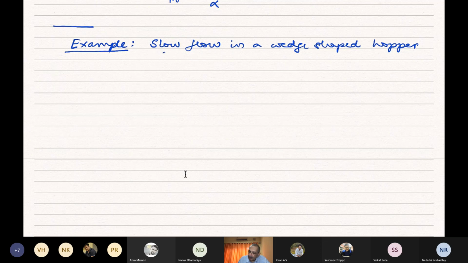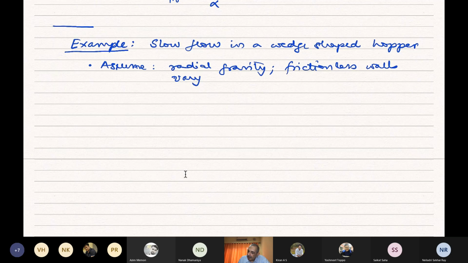So I will not write it all over here. This is the same problem, but what we are going to assume is radial gravity, as we had done before, frictionless walls, but we can have a varying density.